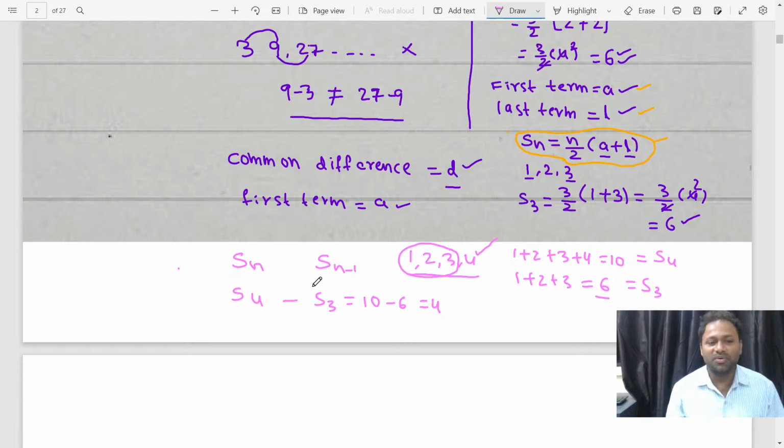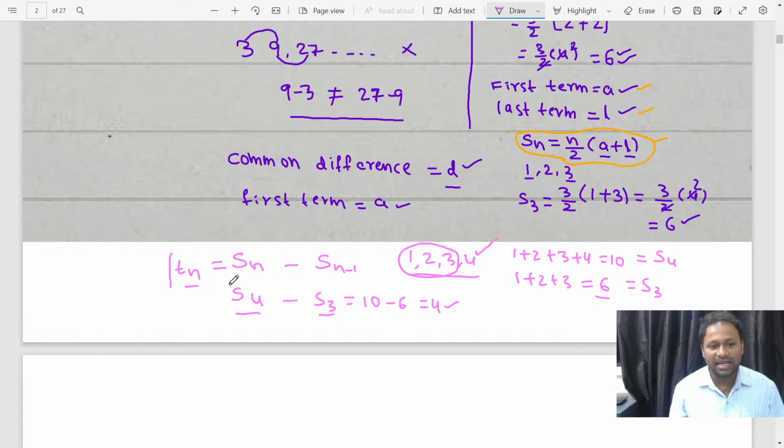So by S4 minus S3 I got the last term. From this I will arrive at one condition. What is that? Sn minus Sn minus 1 will be the last term, that is the nth term.